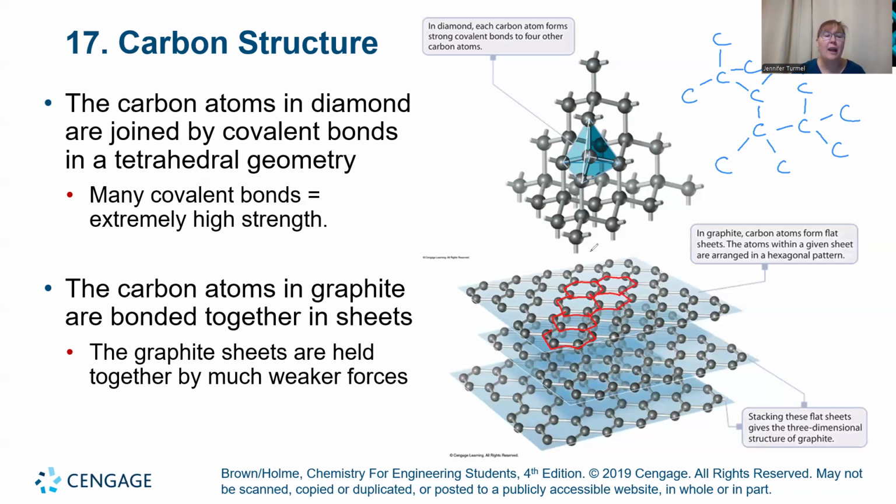And the bond between the sheets is an intermolecular force, which we'll be talking about a little later. So these are held together by intermolecular forces rather than actual bonds. What that means is that the sheet itself is very strong, but between the sheets isn't so strong. And that's what allows these sheets to slough off your pencil.